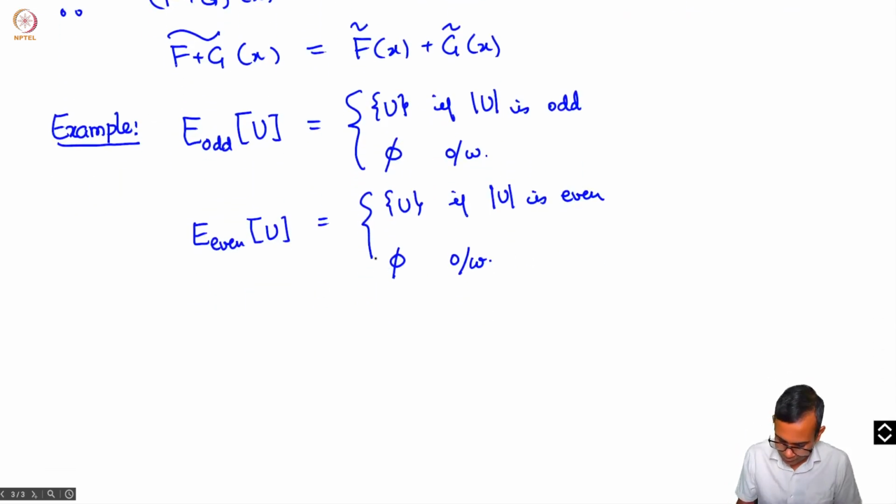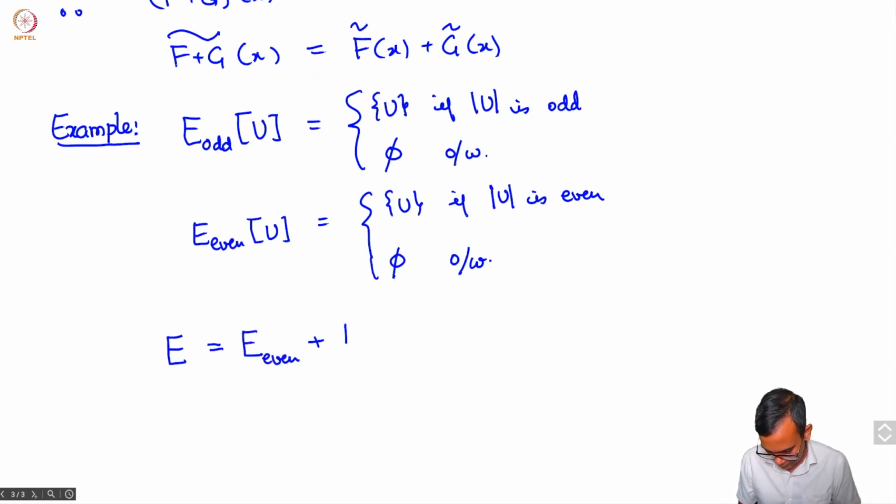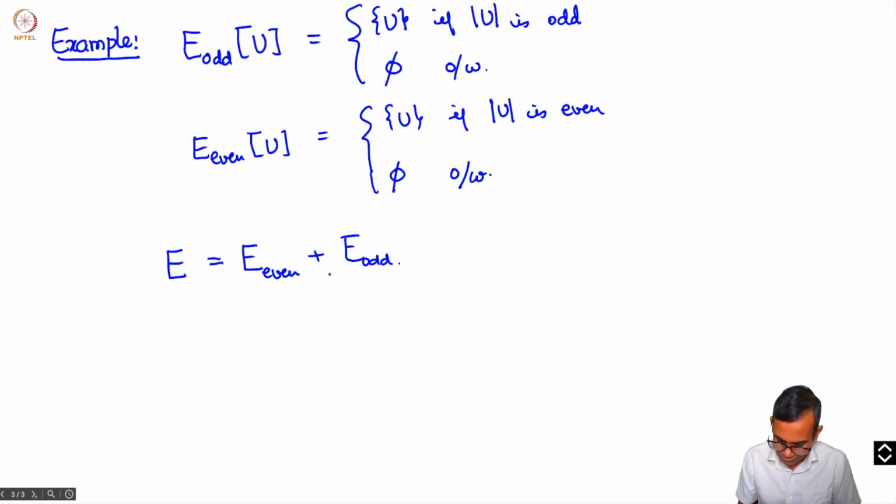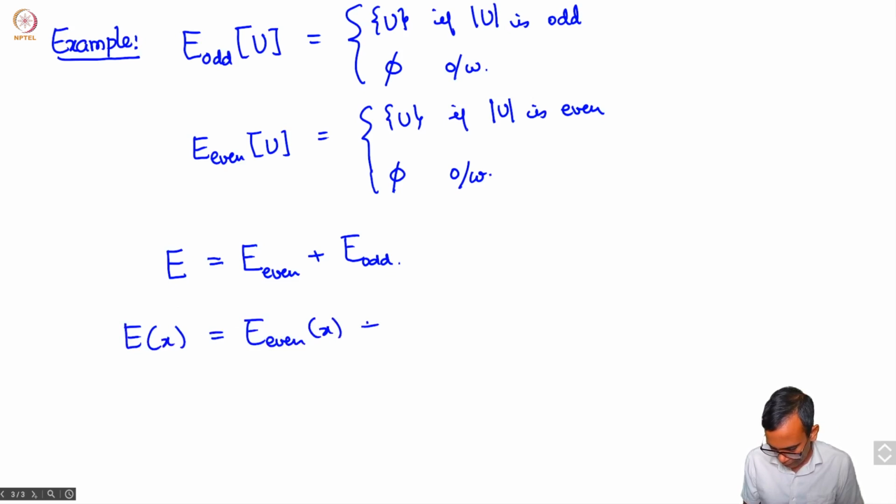Then it's easy to see that E, the species of sets, is E even plus E odd, and the generating series here is E of x. Well, that's going to be E even of x plus E odd of x.